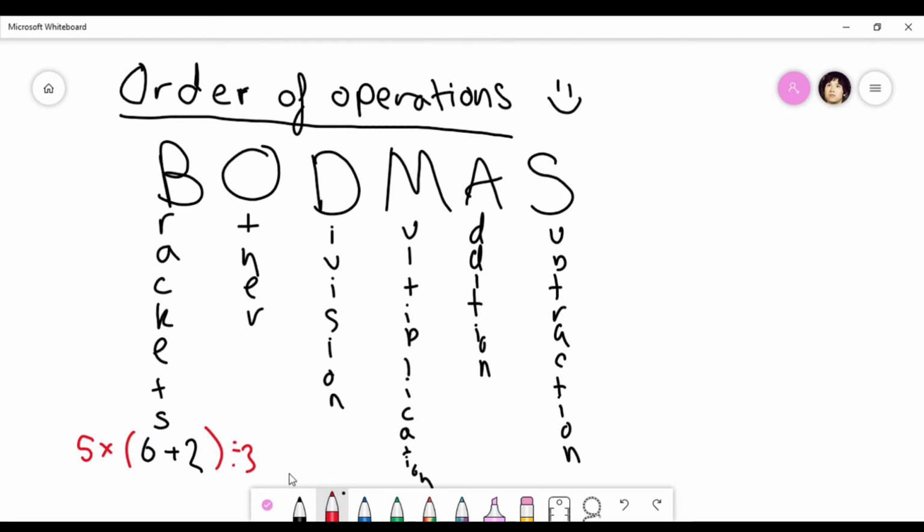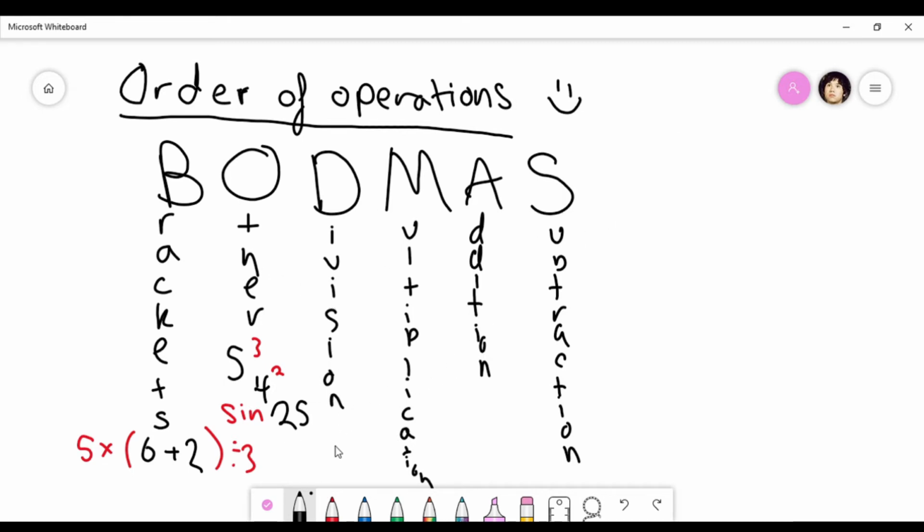Other is if you have basically anything that isn't these, like 5 cubed, 4 squared, sine 25, just anything that isn't on this list basically.